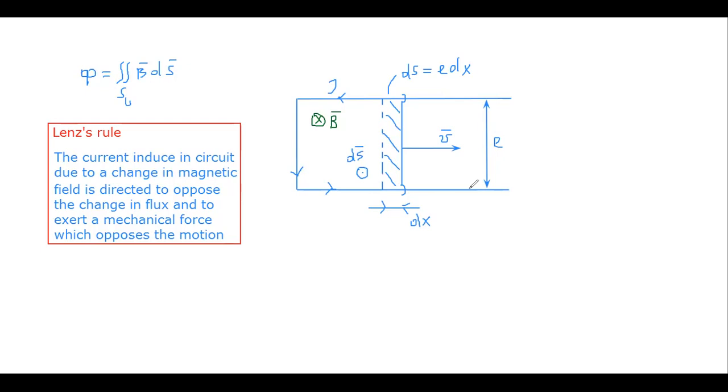So ds is from the screen to us. So it means that vectors B and ds are on the same line, but the directions are different. They are anti-parallel.